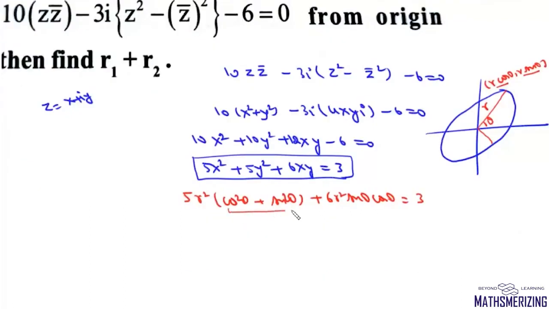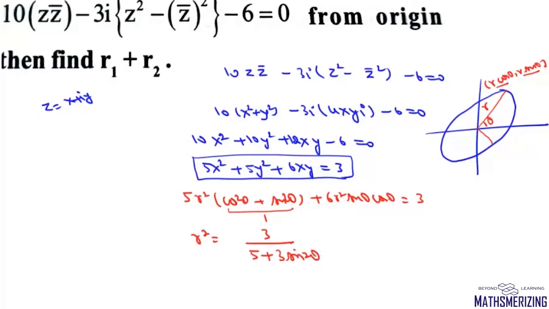Now cos square theta plus sin square theta is 1, and 2 sin theta cos theta is sin 2 theta. So we can write r square as 3 upon 5 plus 3 sin 2 theta.